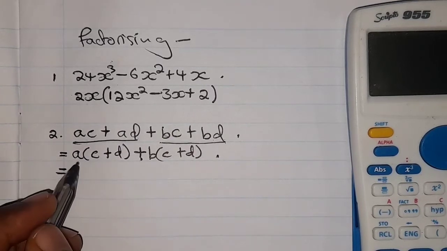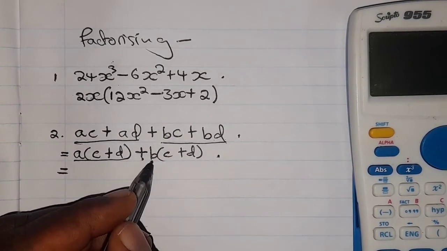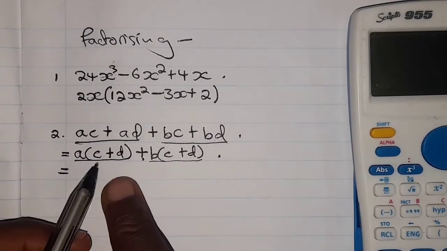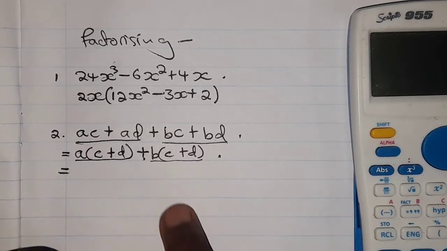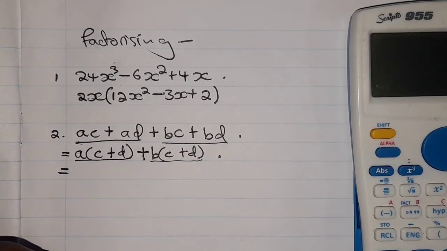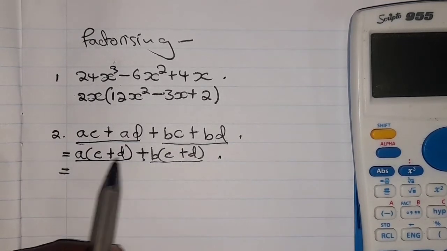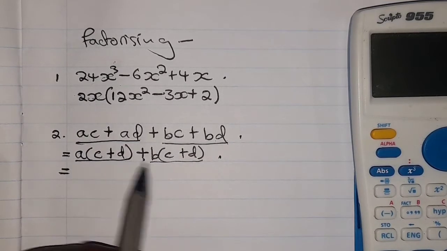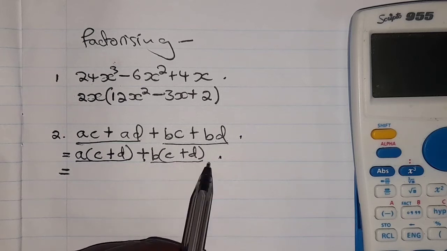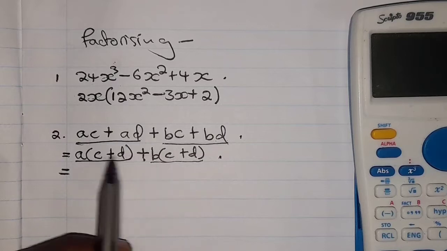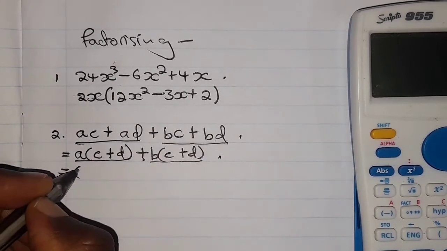And then we are not yet done. We now have two expressions here. We can say this is a binomial expression, an expression with two terms. Between these two terms, do we have a common factor? You should notice that this term is A multiplied by this bracket, and this term is B multiplied by this bracket. Our common factor is this bracket of C plus D. Let's factor out this bracket.